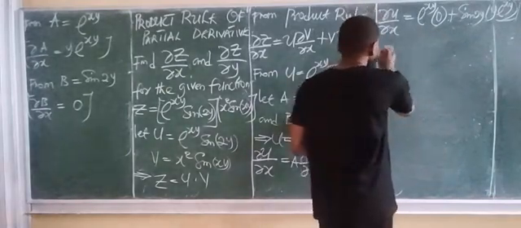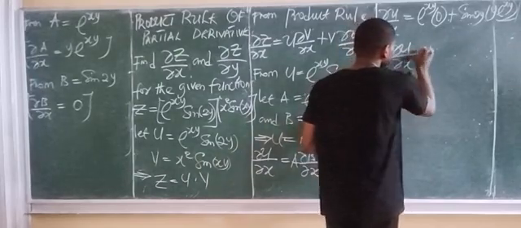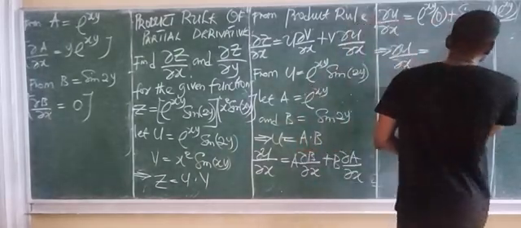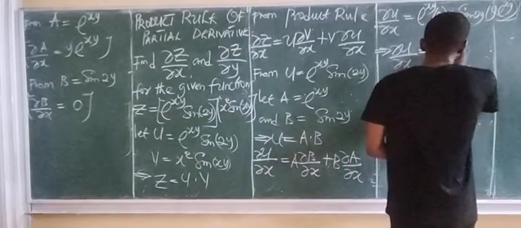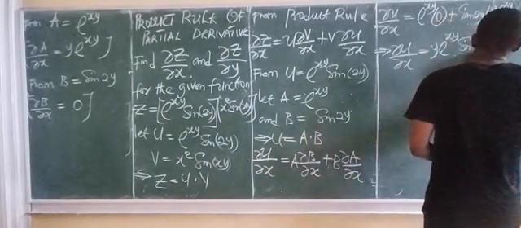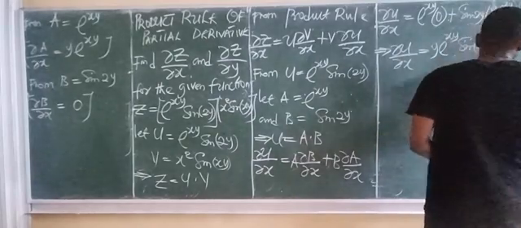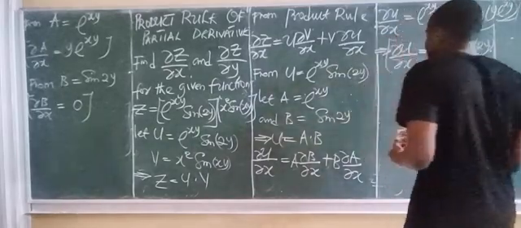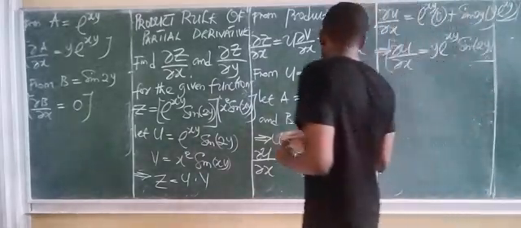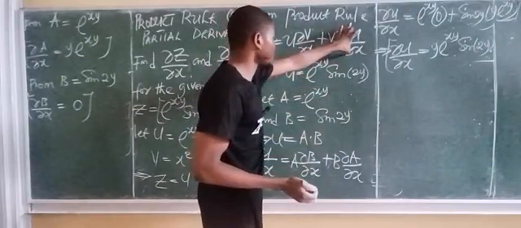So this simply implies that the partial derivative of u with respect to x is simply equal to y exponential xy sine 2y. So this becomes the partial derivative of u with respect to x. So we've obtained this side of the equation, partial u, partial x.